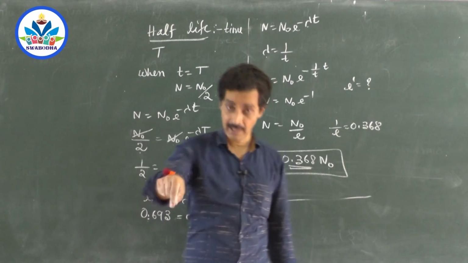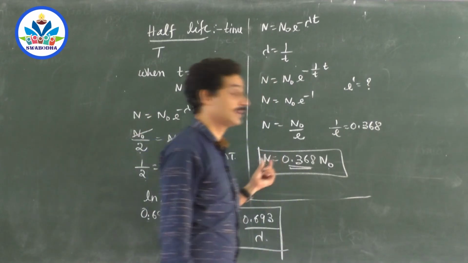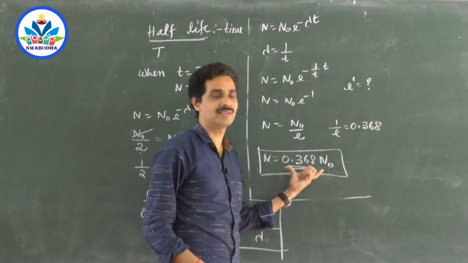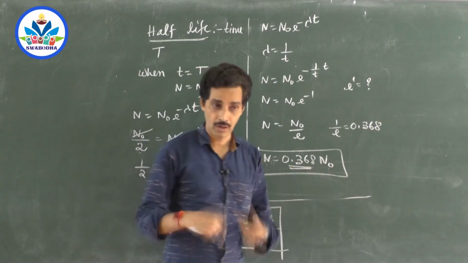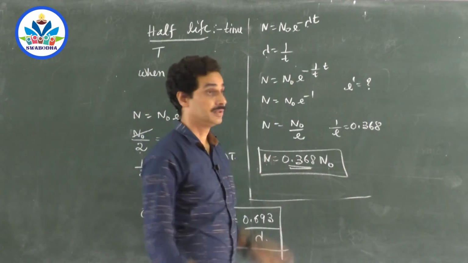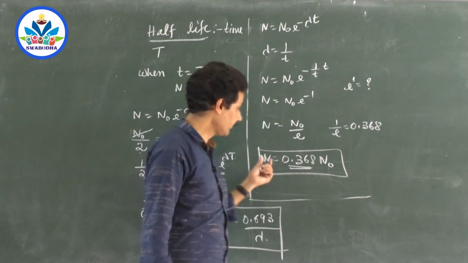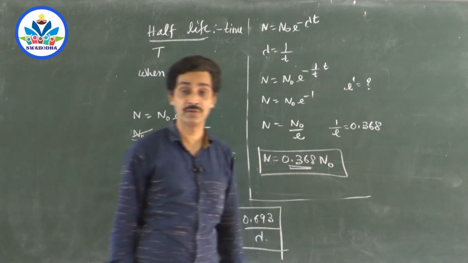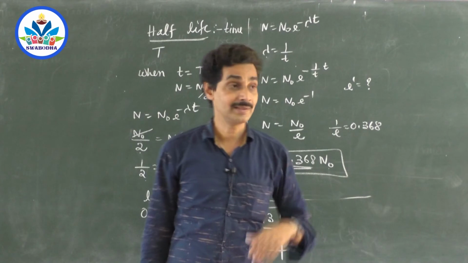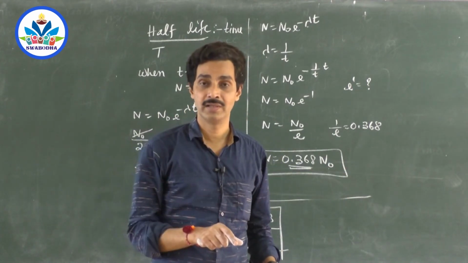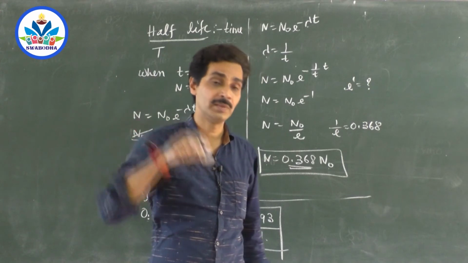Decay constant is the reciprocal of the time in which the number of atoms in the sample reduces from the maximum to 0.368 of the maximum value. Or, decay constant is the reciprocal of the time in which the number of atoms in the sample reduces to 36.8% of the original value. 36.8% means if you have 100, it should become 36.8. If you had taken 1000, it should become 368.